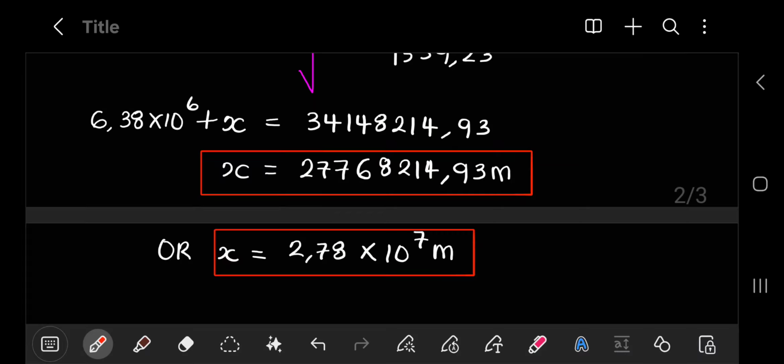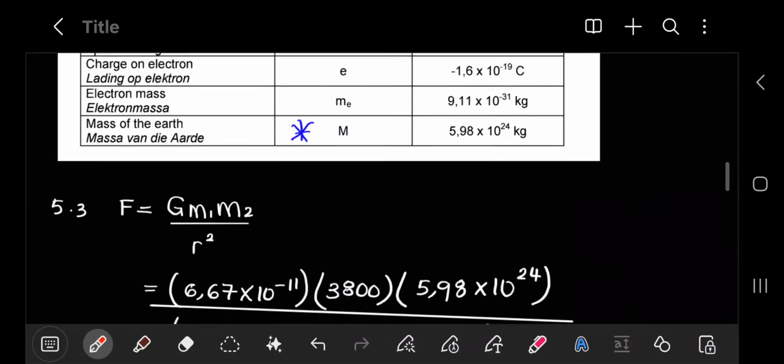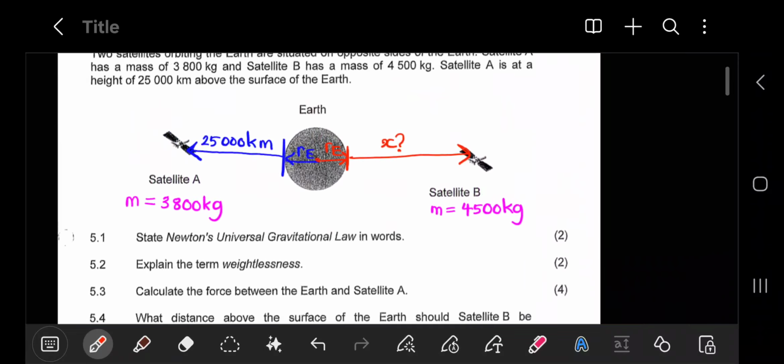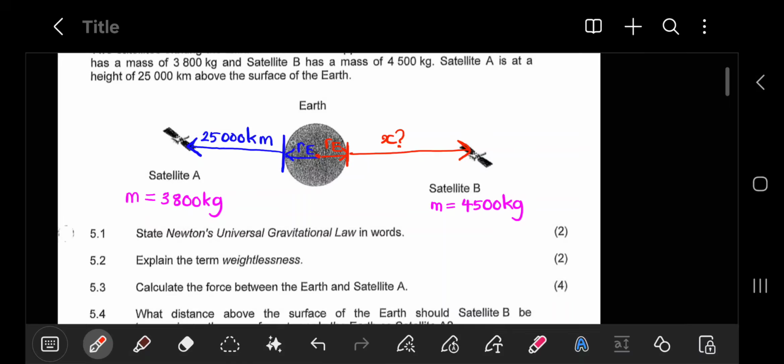Now that we are able to see what the distance is, we should match it up and conclude with our answer. So this value is 27 million. Okay, actually it's greater than 27 million. But if you look at the distance between the Earth and satellite A, when we converted it to meters, that was only 25 million.